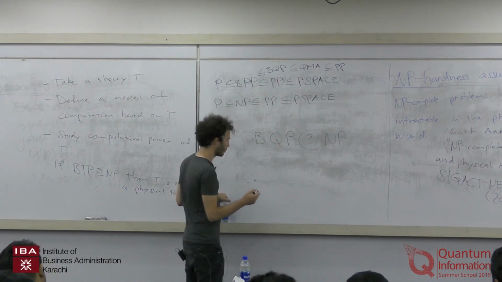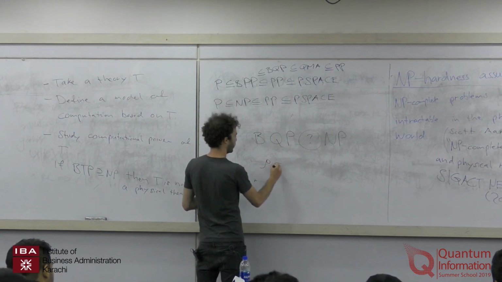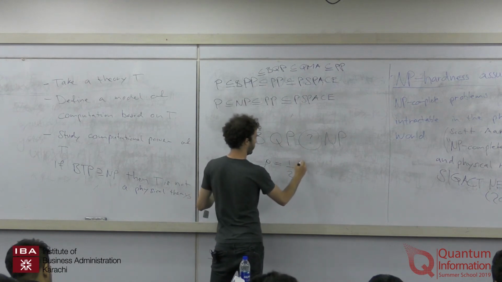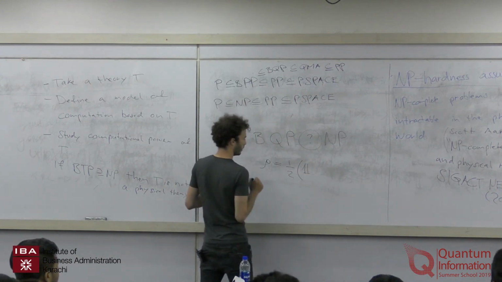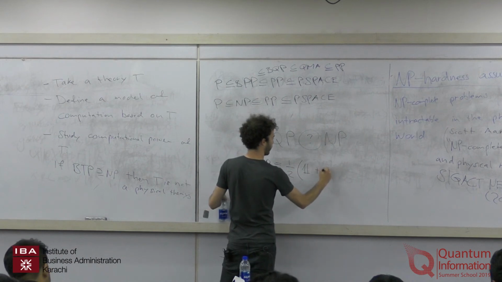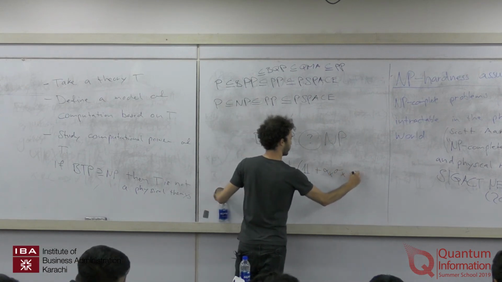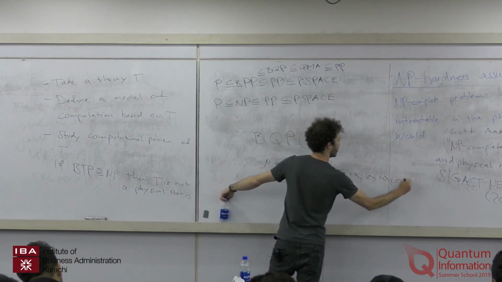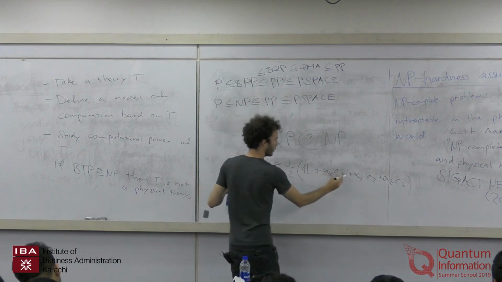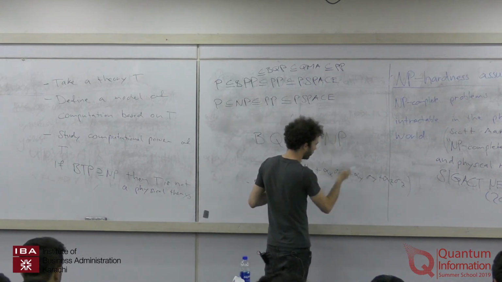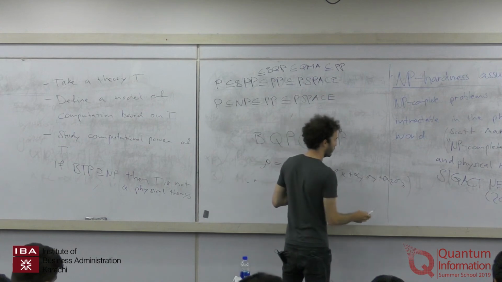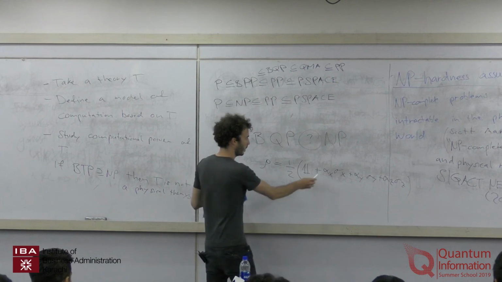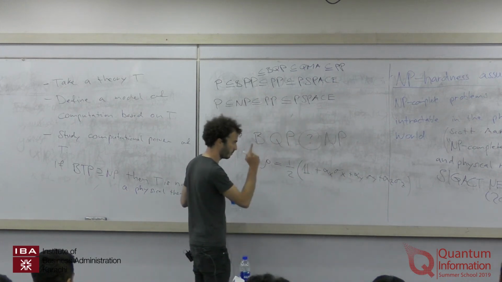A qubit as a density operator can be written in the Bloch representation in the following way: 1/2 times (I plus alpha x sigma x plus alpha y sigma y plus alpha z sigma z), where sigma x, sigma y, sigma z are the Pauli matrices, an orthonormal basis for 2x2 matrices, and alpha x, alpha y, alpha z are coefficients.